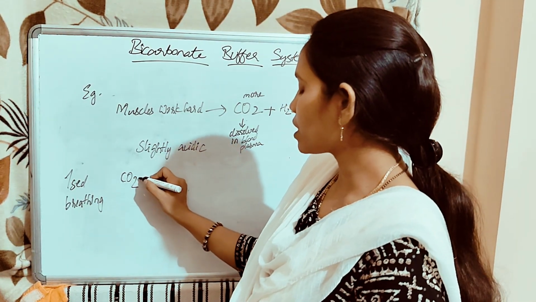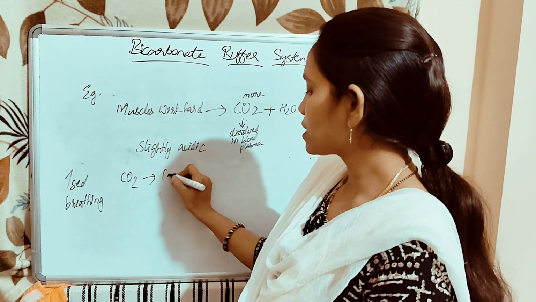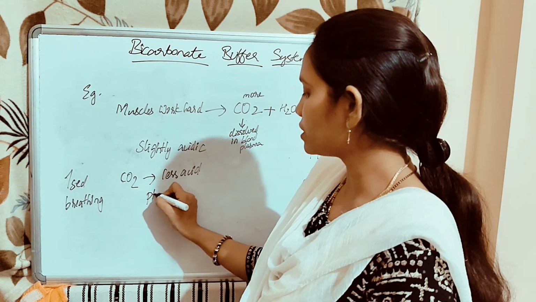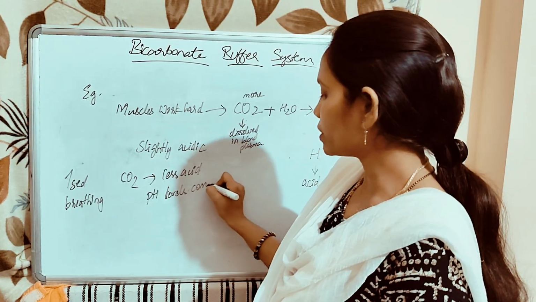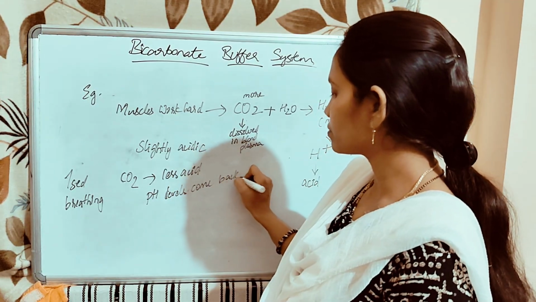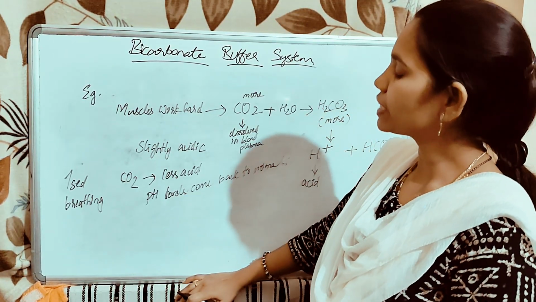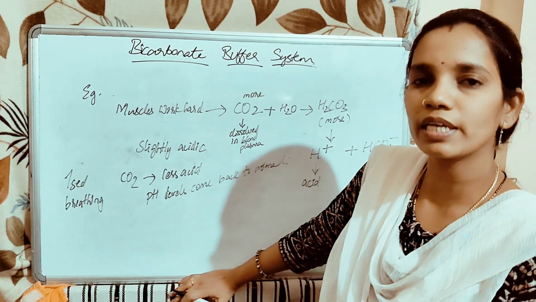If that extra carbon dioxide has been released out of the blood, there is less acid, and the pH level comes back to normal. Is it clear?